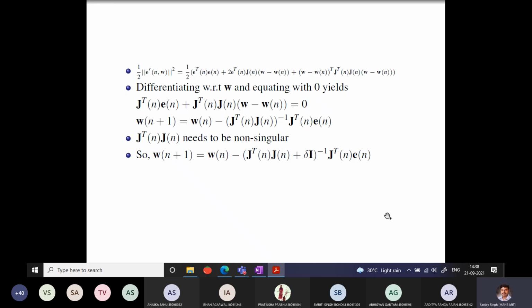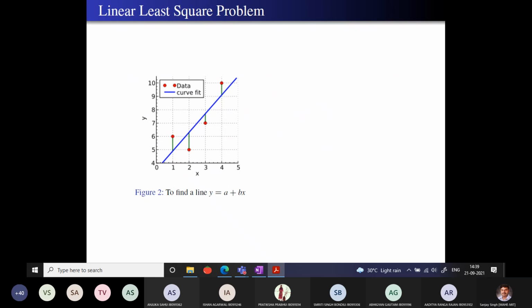So we simply add some small scalar delta value to it, and because it's a matrix, it has to be delta times I, and this ensures that at each and every point it is a non-singular matrix. As I mentioned, this particular matrix is positive definite for all n. When I say positive definite or positive semi-definite, it means that the inverse of this matrix is ensured to exist at all values of n.